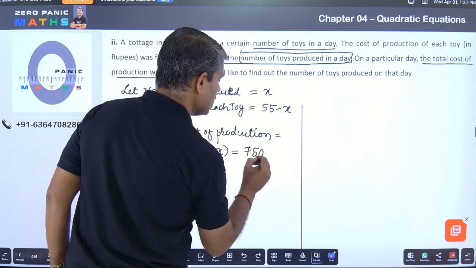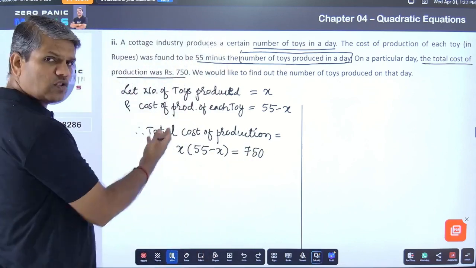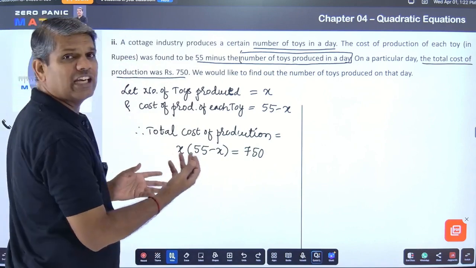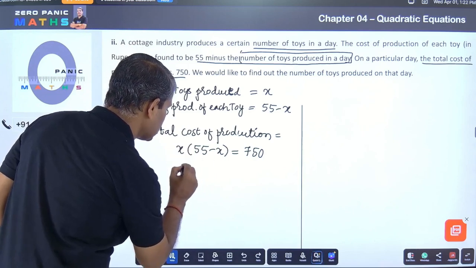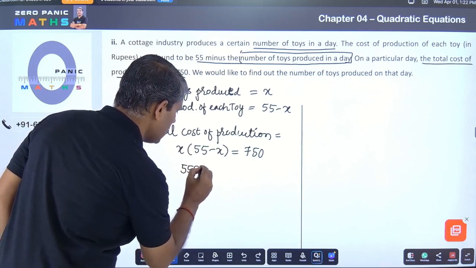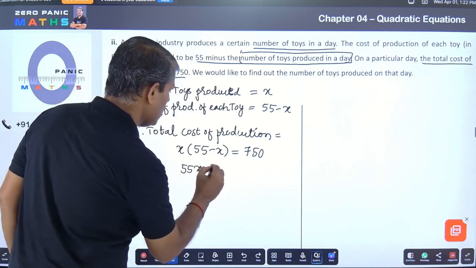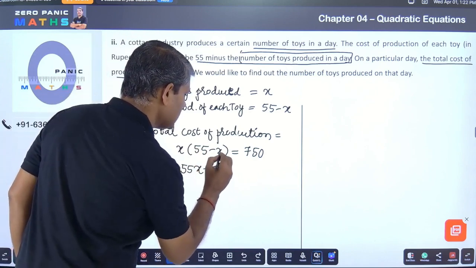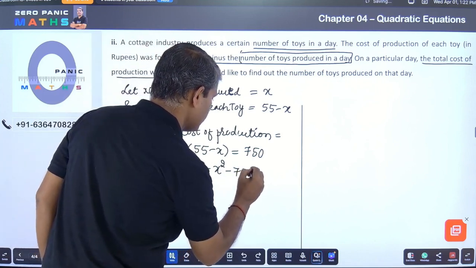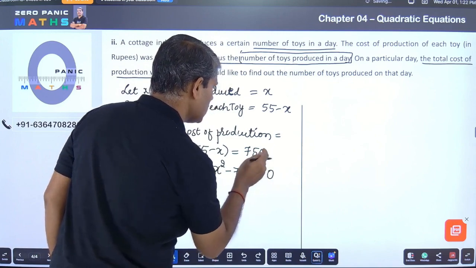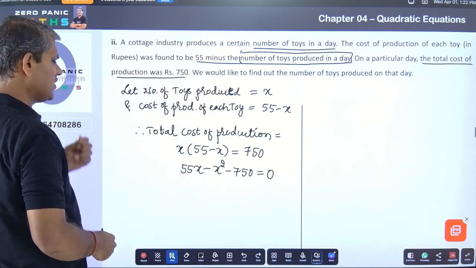Solve this to get a quadratic equation. So it is 55x minus x into x, which is x square, and minus 750 is equal to 0. I have taken 750 to the left side.